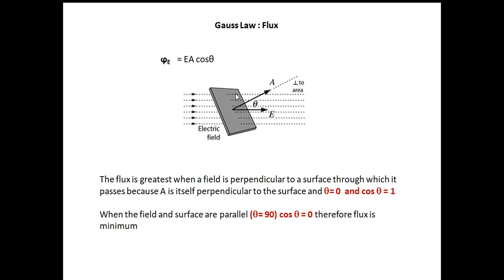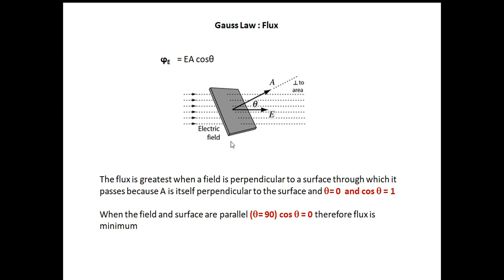Now if I make this vertical like this, then the area vector will be like this, and the angle between the two will be 0. Eventually cos theta will be equal to 1, and the maximum flux will pass through this virtual surface.